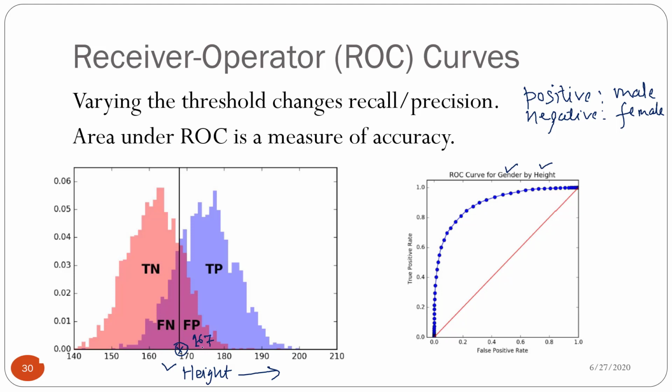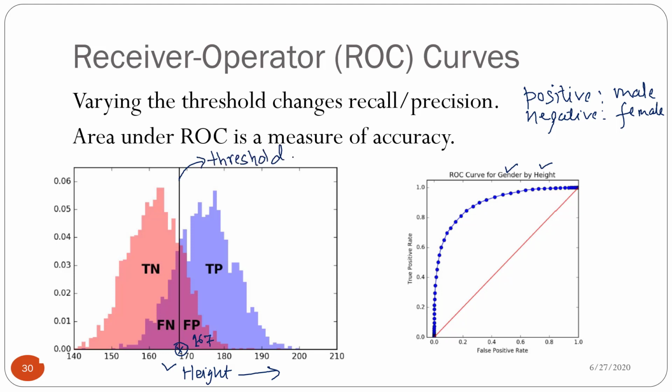So our threshold is 167. If the height is more than 167, we will consider that person as male. That's the true positive. And if the height is less than 167, then we will consider that as female, or it's true negative. And what you're looking at as the pink histogram and blue histogram are in reality the distribution of the height of male and female. Okay, so that's the distribution, and you have a threshold here.